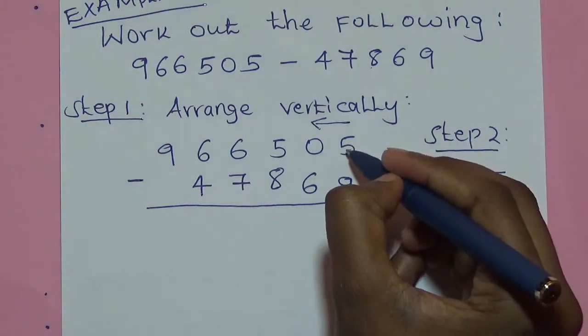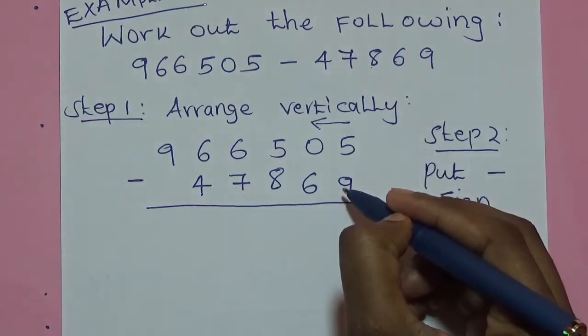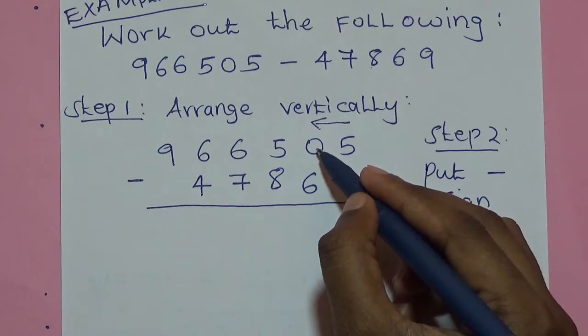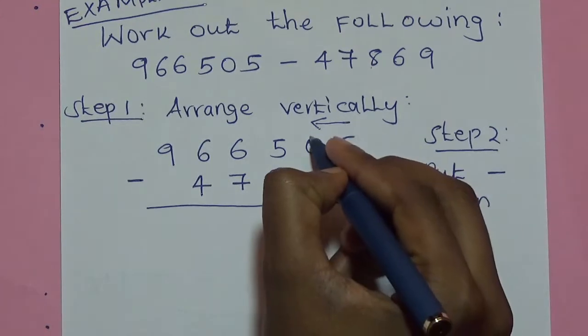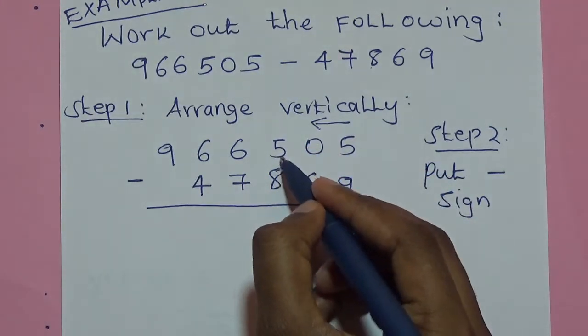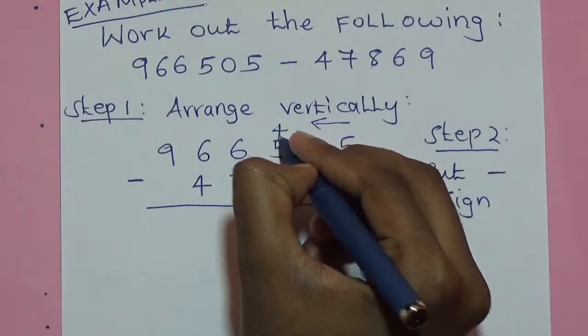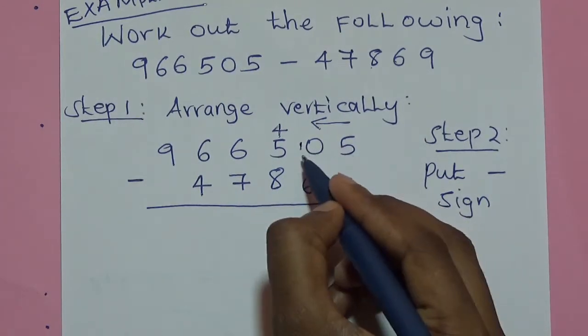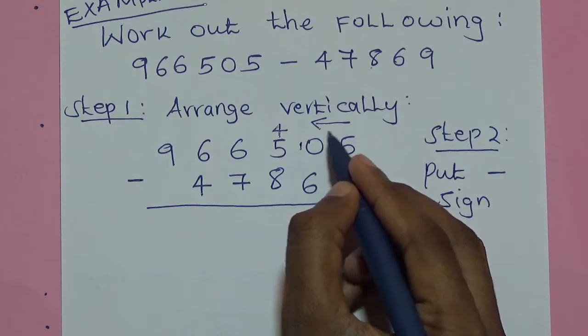So 5 subtract 9. We need to borrow 1 from 0. But since we have a 0, we need to borrow 1 from 5. So we borrow 1 from 5. Here we are left with 4. And here we have 10. Okay? Now out of this 10, we need to borrow 1.